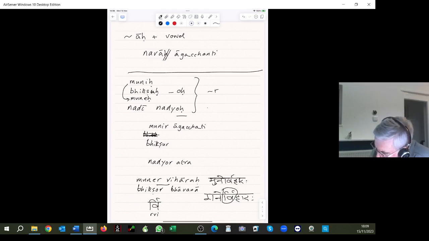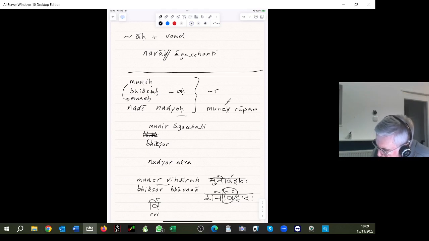That would be Mune rupam. Normally, before a voiced consonant, mune would become r. But that would lead to a double r, muner rupam, which is not allowed. So all that happens is they both drop out. So it's just mune rupam.